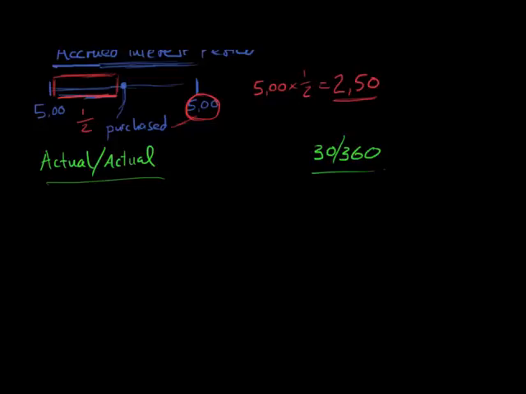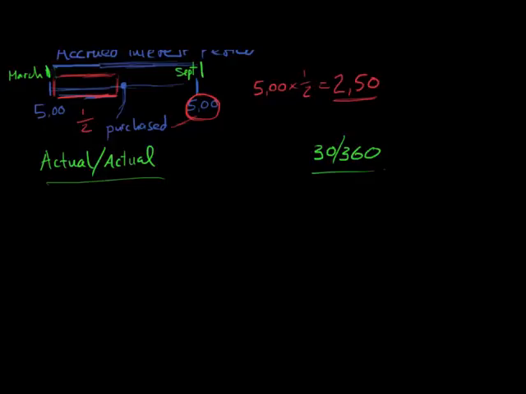So if we take the example of this bond, let's say the previous coupon payment was on March the 1st, and the next due payment, semi-annual payment 6 months later, is going to be on September the 1st.